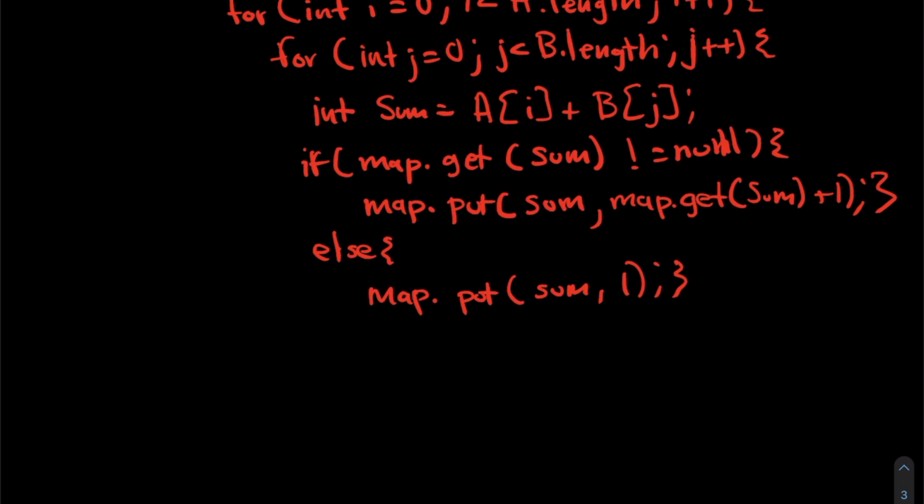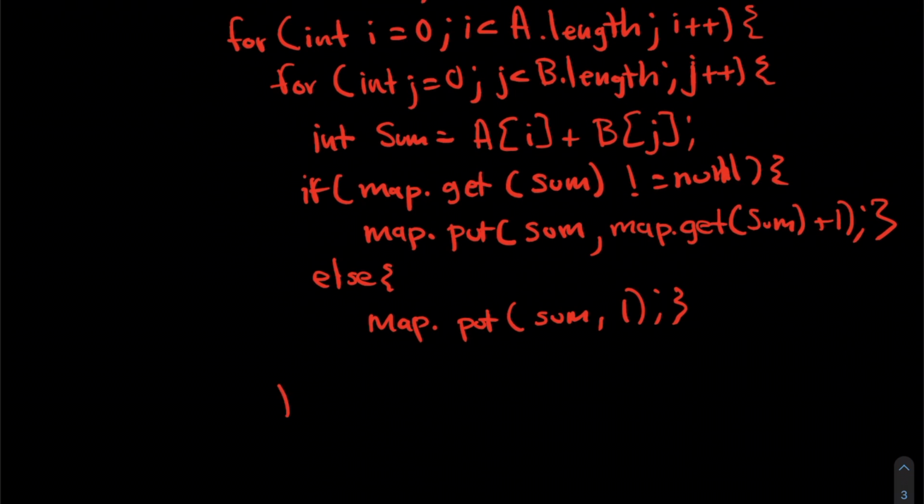We're going to do the same exact thing down here. Just for the sake of simplicity, I'm going to use the same variable names, so i is less than c.length, and then i++.